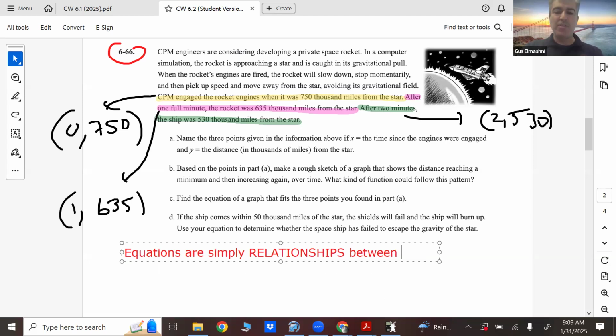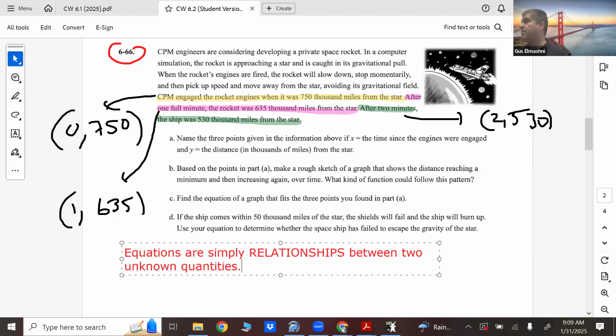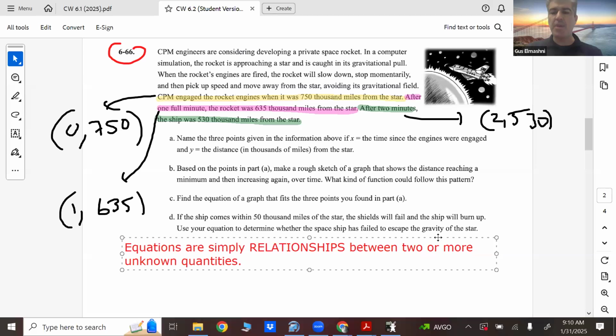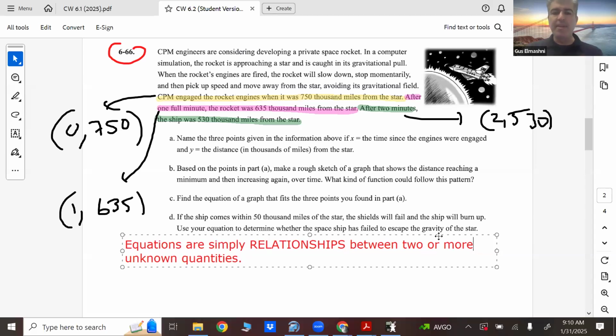They are relationships between two unknown quantities. That's all equations ever are. Actually, I'll say two or more, because you could have more variables. But we just keep things to two in this class. If you take stats or AP stats, you learn about more. So that's all they ever are.